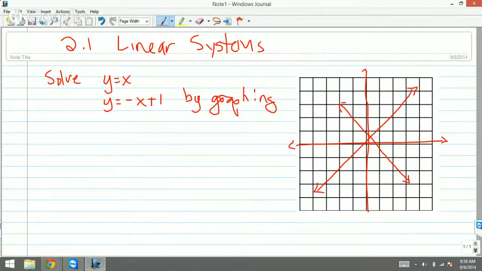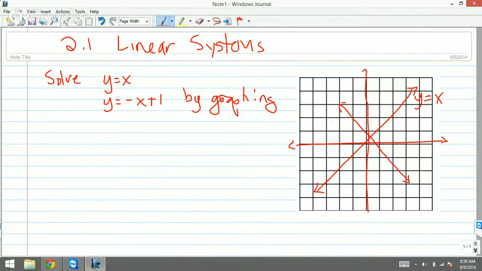So, okay, moving on. What is the solution to this system? Anybody? So I've graphed y equals x, and y equals negative x plus 1. This is y equals x. What's the y-intercept? 0, and the slope is? Okay, good.